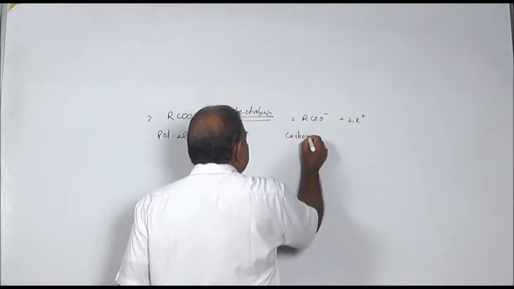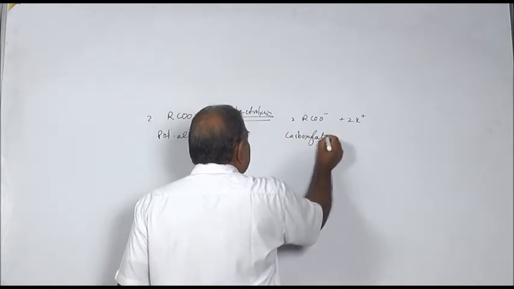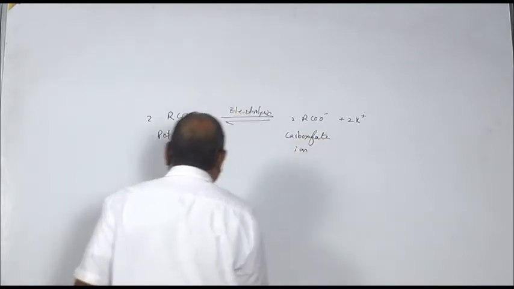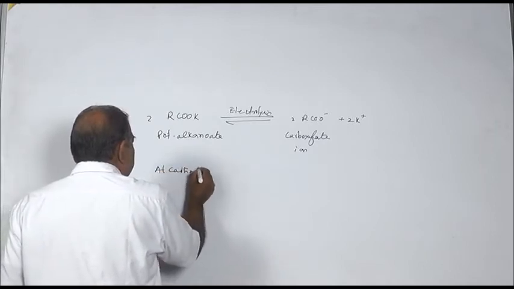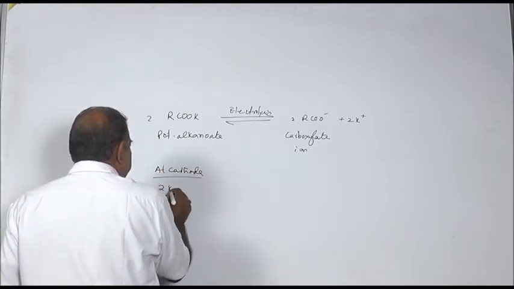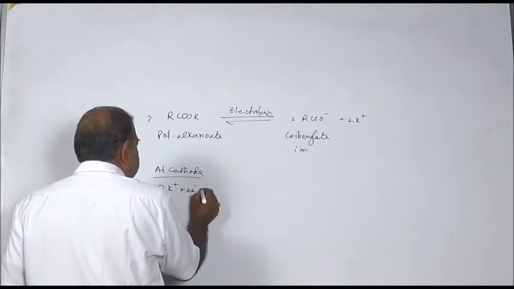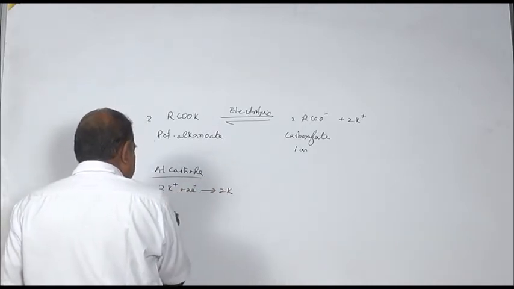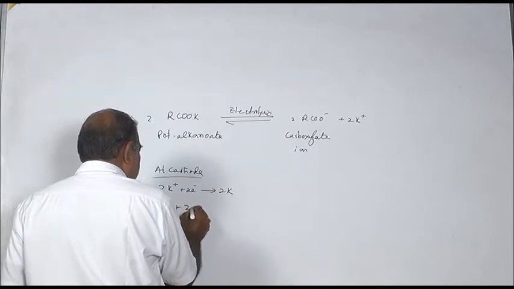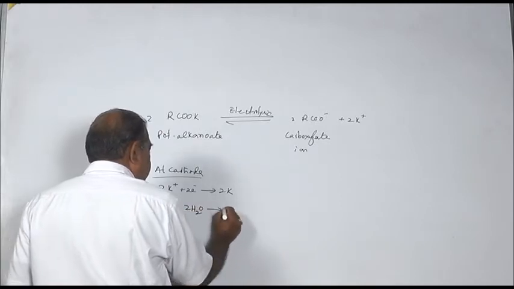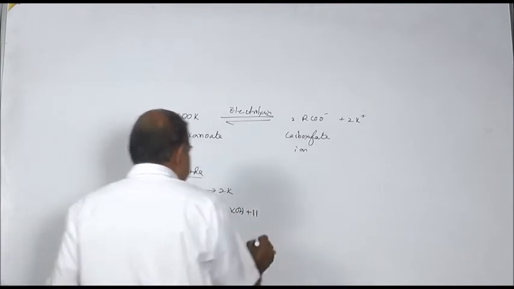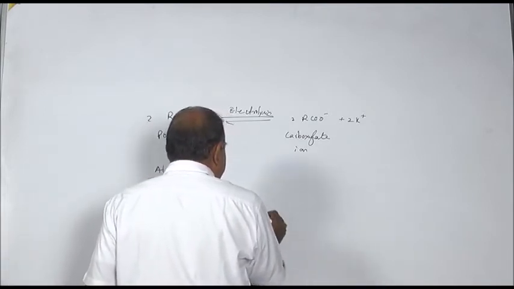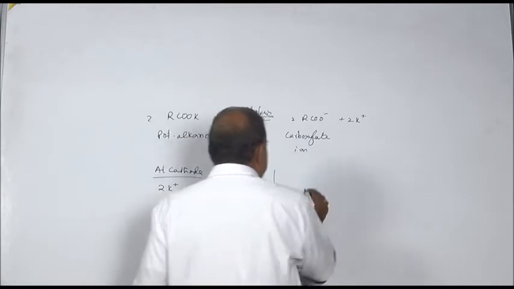Reaction at cathode: potassium ion adds up with electrons and gives you potassium metal, which reacts with water and gives you potassium hydroxide and hydrogen. So hydrogen will be liberated at the cathode.